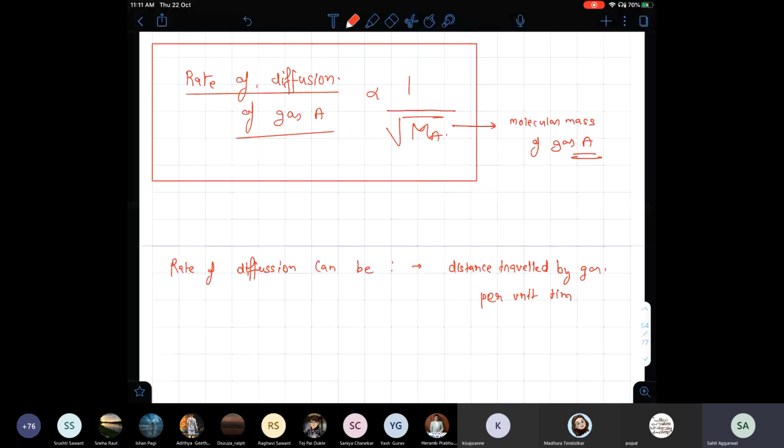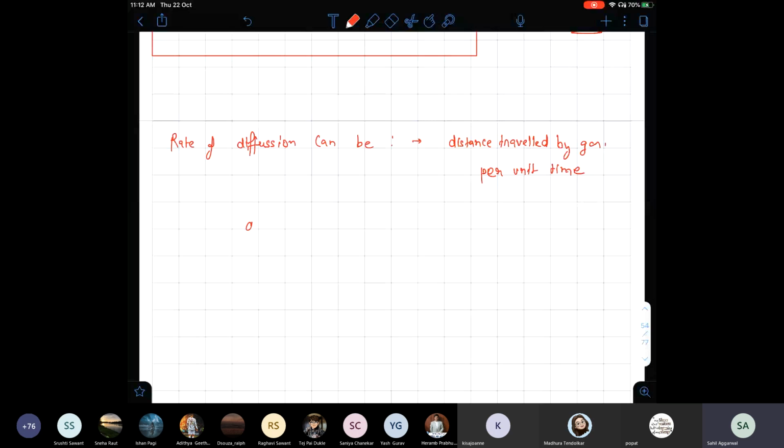Distance traveled by gas per unit time, that is d1 by t1 divided by d2 by t2 is equals to square root of m2 by m1.